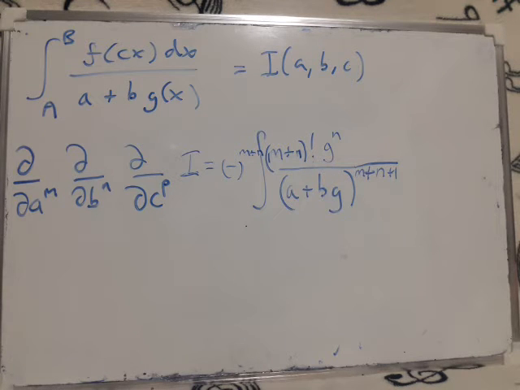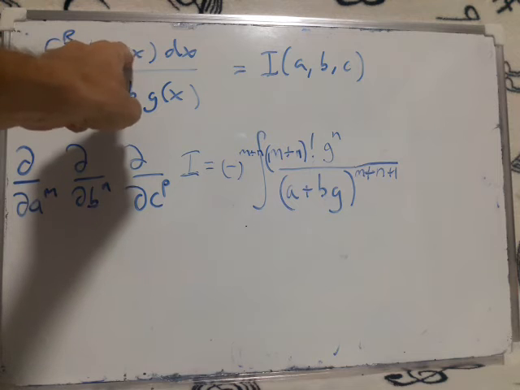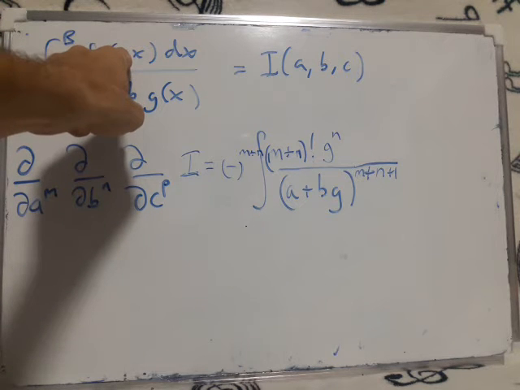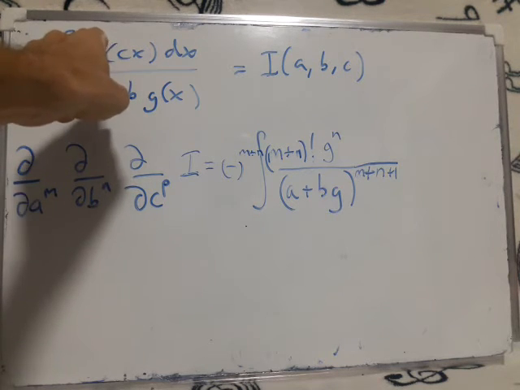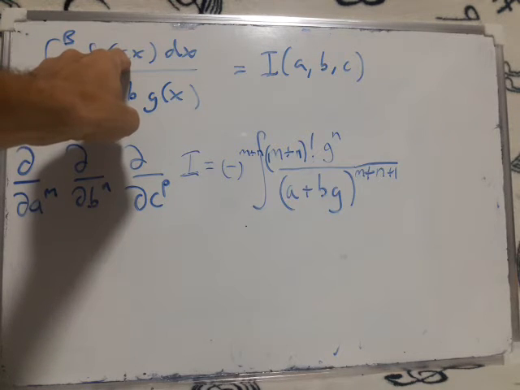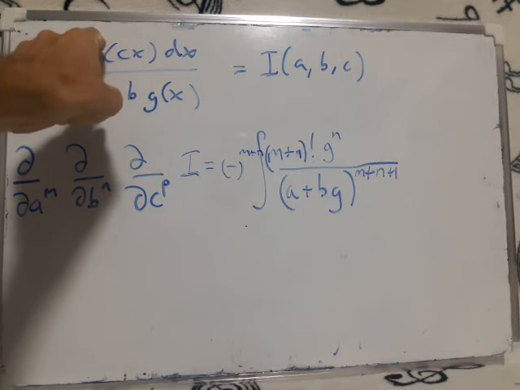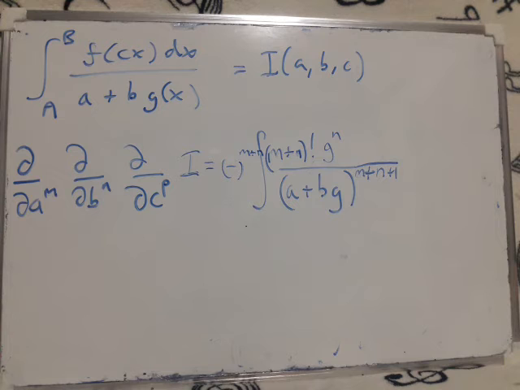Then the last thing is what happens when we differentiate with respect to c. Every time we differentiate with respect to c, we get a further derivative of f. So if we differentiate once, just using the chain rule, we'll get f dashed. If we differentiate twice, we'll get f double dashed, and so on.